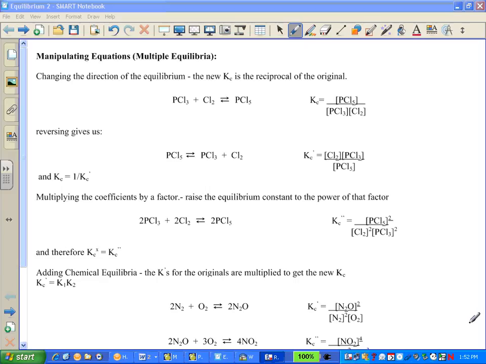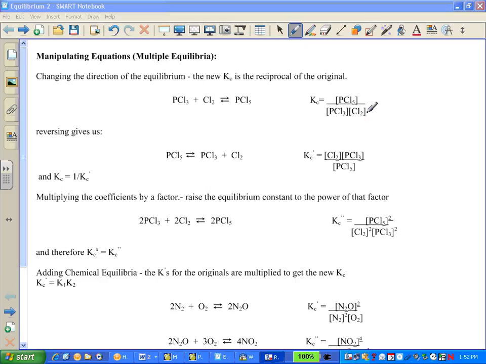For example, if we look at this equilibrium here, PCl3 plus Cl2 in equilibrium with PCl5, we can see that the equilibrium constant is the concentration of PCl5 over the concentration of PCl3 times the concentration of Cl2.